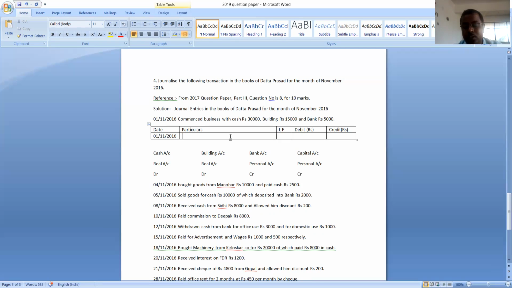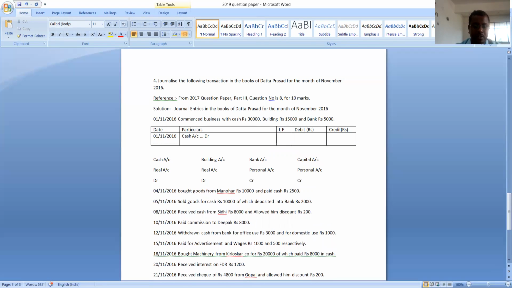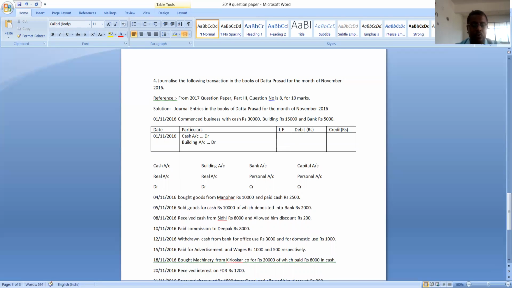So in this particular journal entry, two accounts are debited and two accounts are credited. So let's write which accounts are debited. Cash account is debited. Then next, which account is debited? Building account is debited. Then later, to, which account is credited?